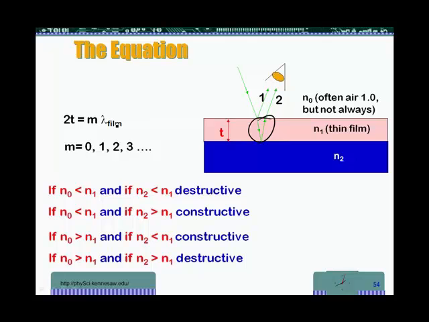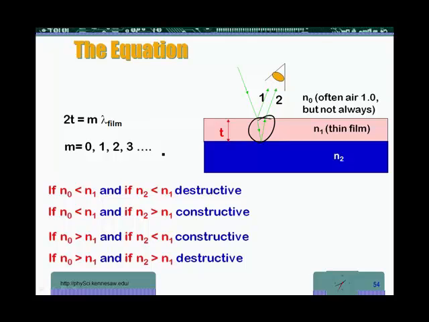Whenever twice t is equal to m lambda, with m being an integer, we get constructive interference. That's what we expect normally for interference. But because of the changes in phase in reflection, we are going to have different cases here.